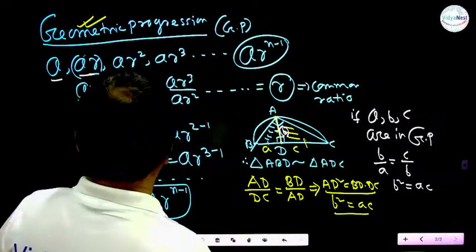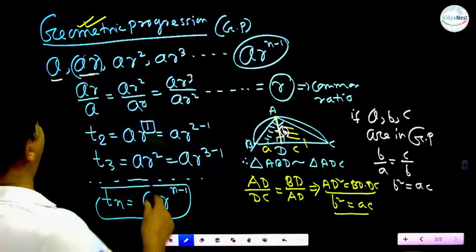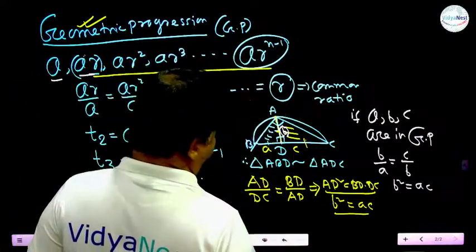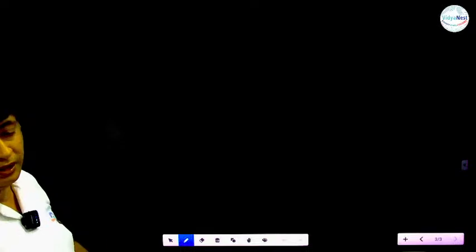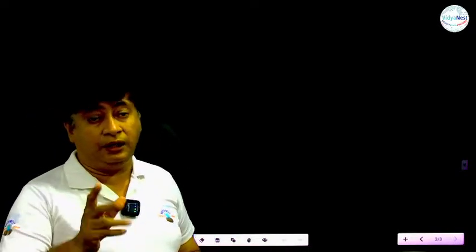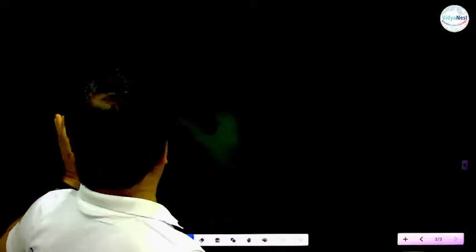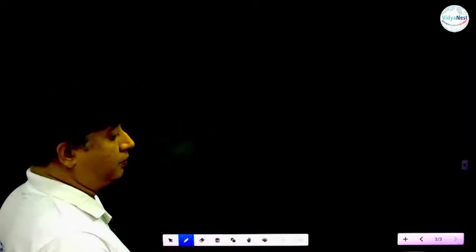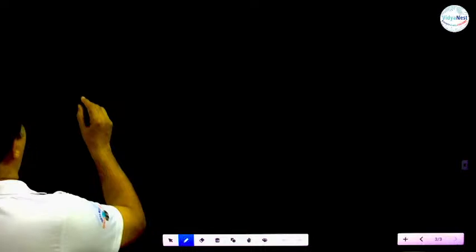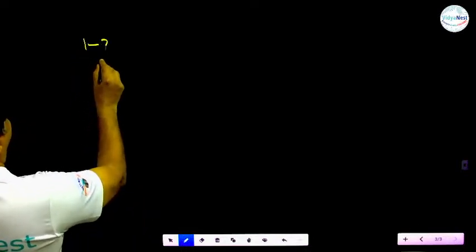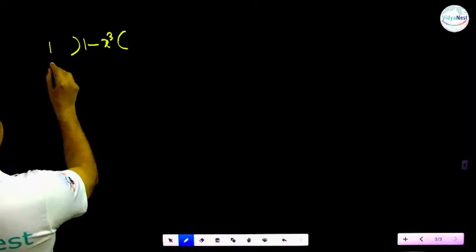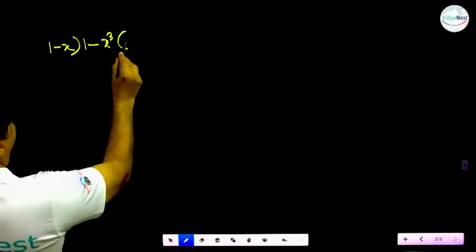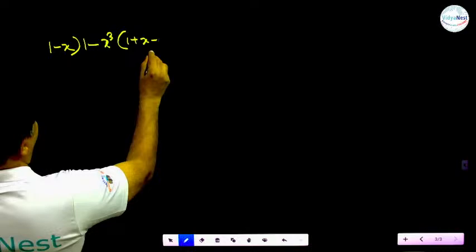Now, how to find the summation of all these numbers? See, to find the summation we need the basic concept of the division algorithm, which you were taught in class 8. Suppose you are told to divide 1 minus x cube by 1 minus x. What will be the quotient?